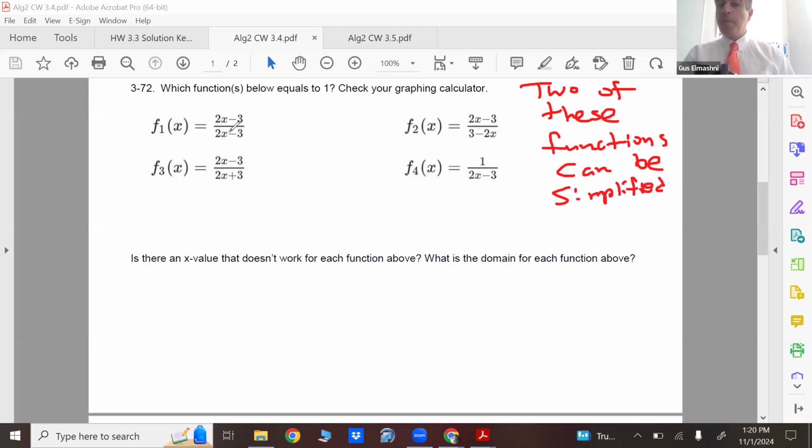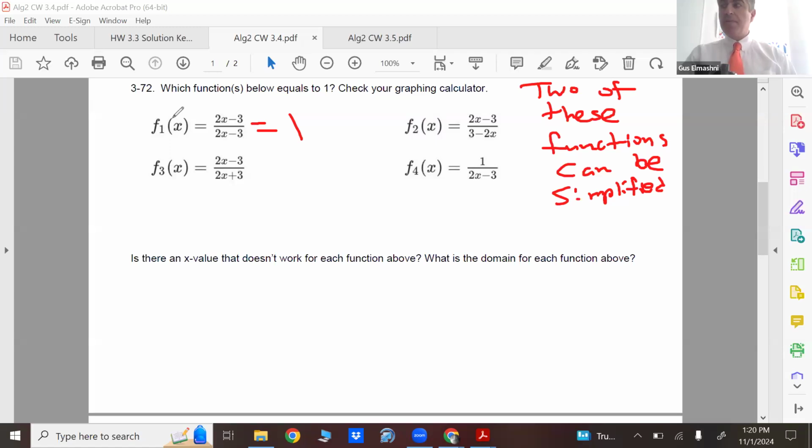So which ones can be simplified? Wholly 100% correct. Do you see why? They're the same thing. Right? Oh, no, it equals. I was thinking the opposite. Okay, no worries. What do you think the other one is that can be simplified?